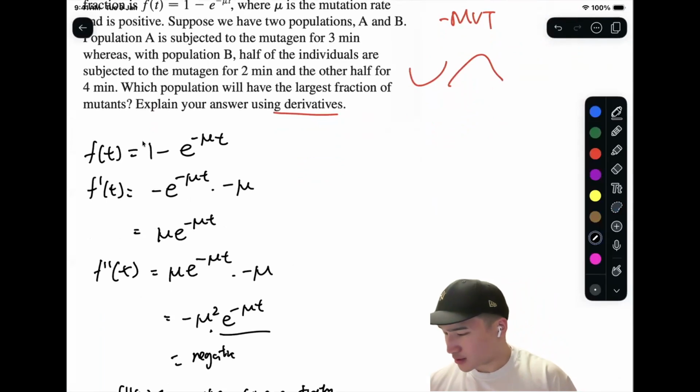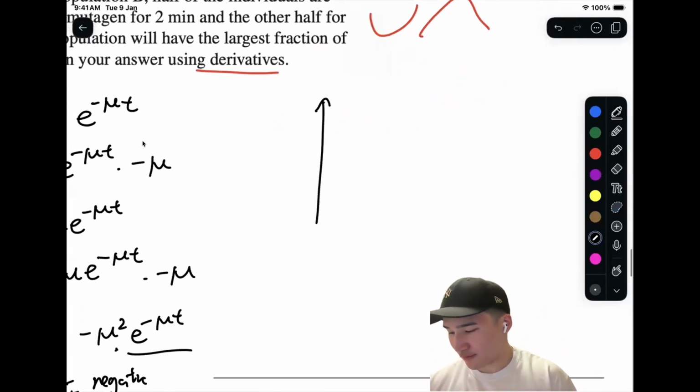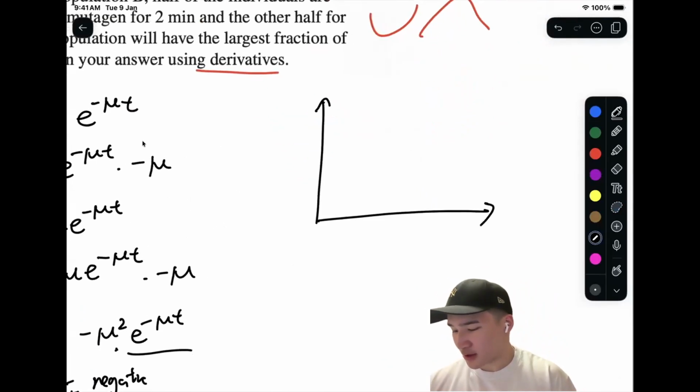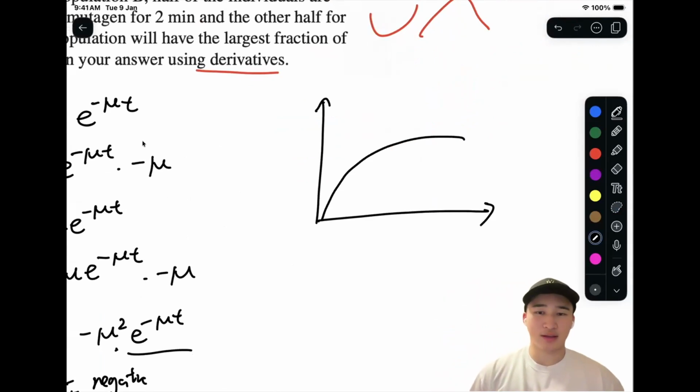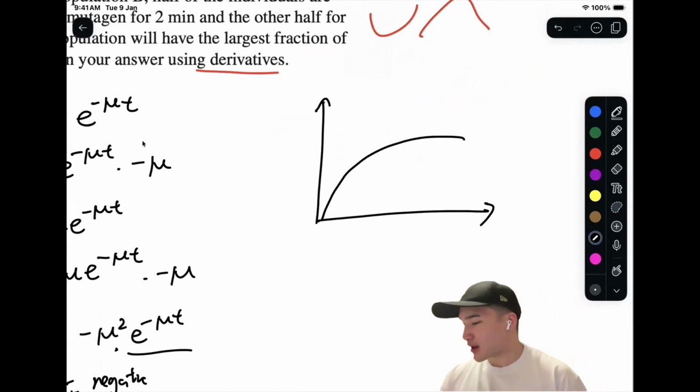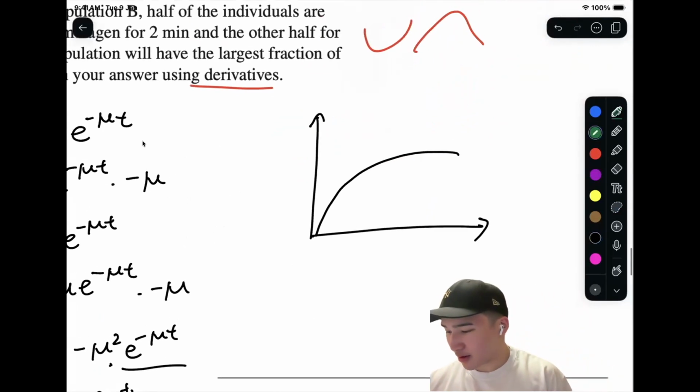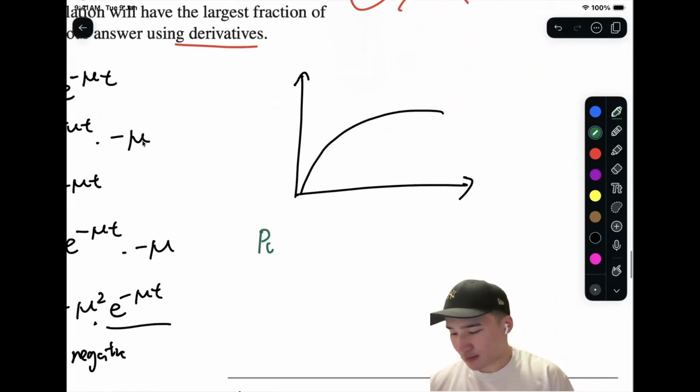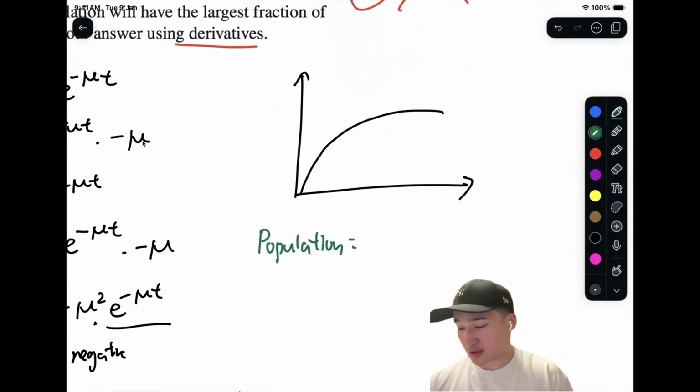First of all, let's draw a graph to help you visualize what's going on. We know it's going to be something like this. It's increasing, but it's concave down. Now it was given that population A, I'm going to use the green pen, is exposed for 3 minutes, somewhere here.